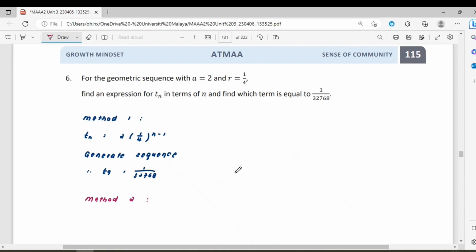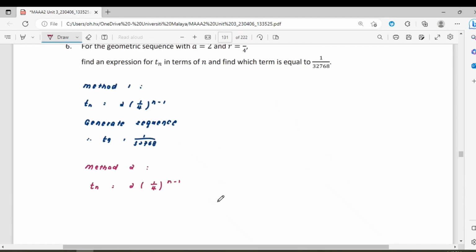So from the question itself, we already get the nth term rule, which is equal to 2 multiply 1 over 4 to the power n minus 1. When the question asks which term is equal to this, it means that we are finding the n that gives us the term 1 over 32,768.